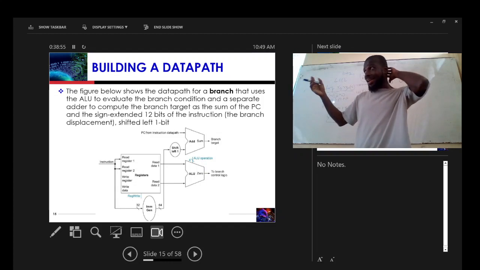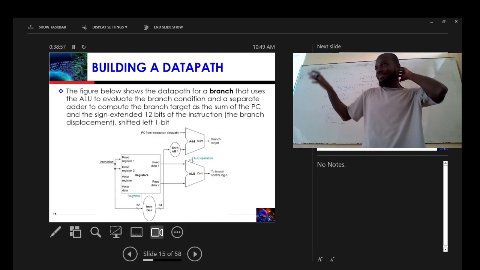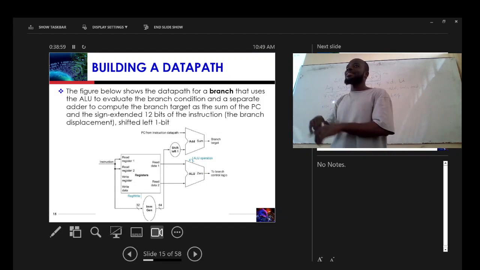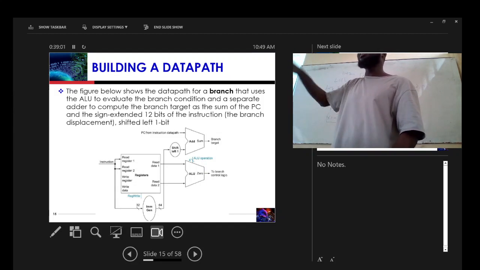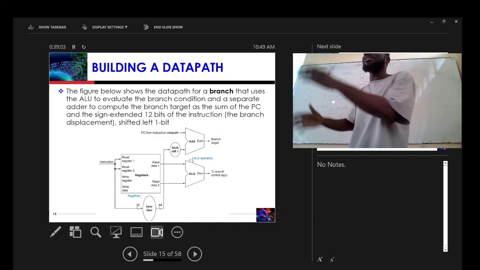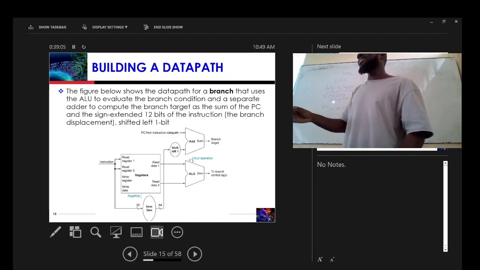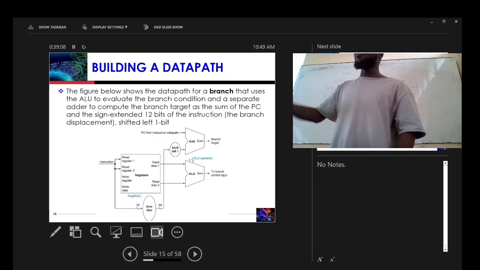I actually gave some animation on all of this. From the instruction memory, it will break it down and give this component to this component. Just go back and remember that one.